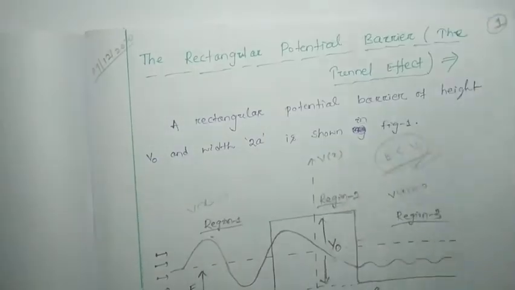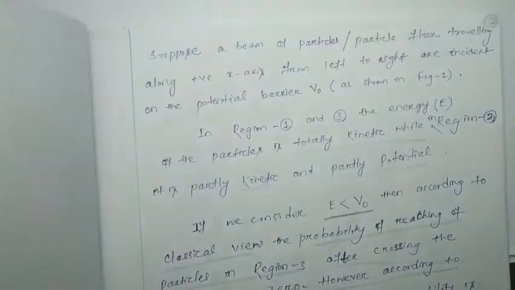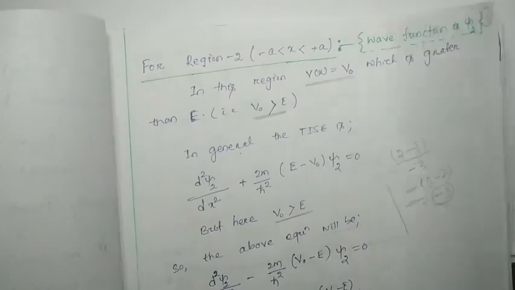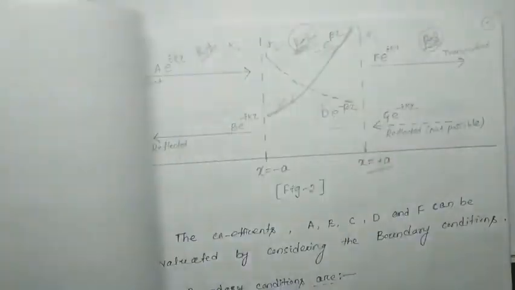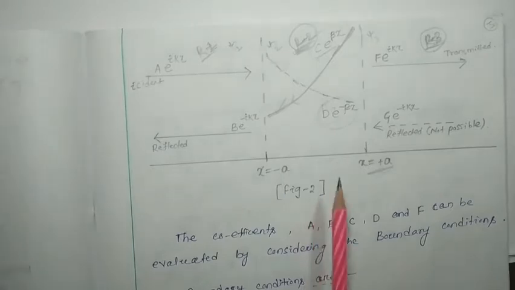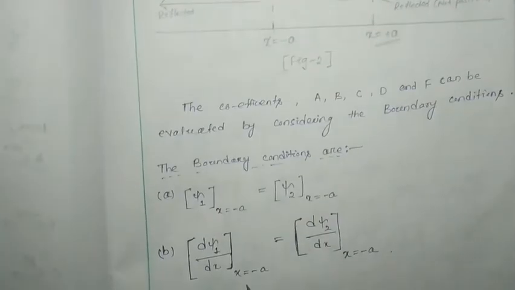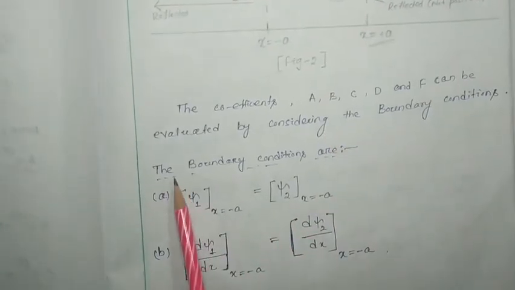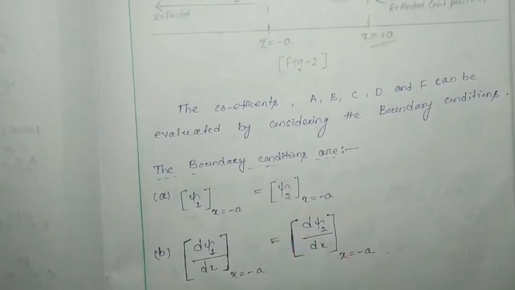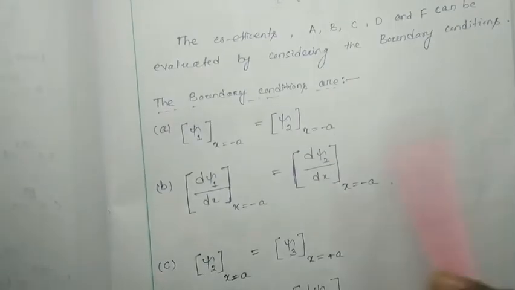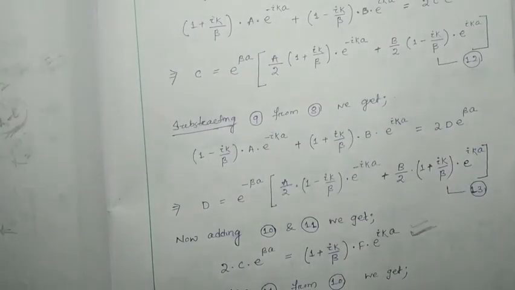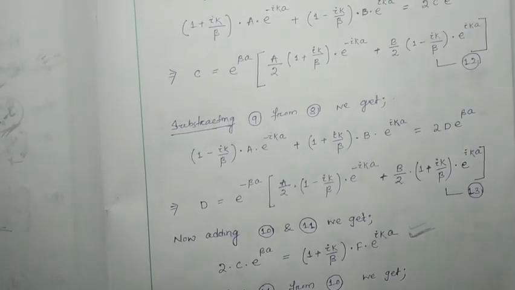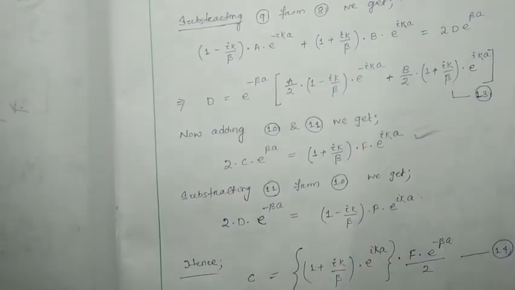In the first part of this topic, you can find what we discussed up to this much. Then in the second part we discussed the boundary conditions, and using the boundary conditions we got the coefficients C, D, which are equation numbers 14 and 15.